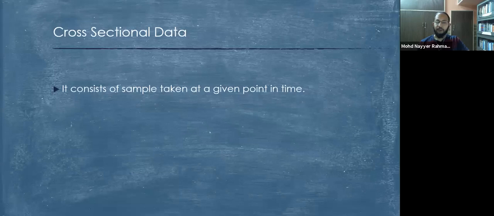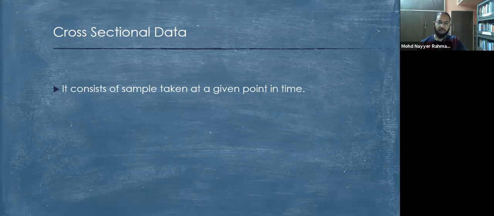So if I say that today I'm going to measure the income of all those people who are living in my locality, it is at a given point of time. If we are measuring anything, the data which is generated by measuring at any given point of time is cross-sectional data.